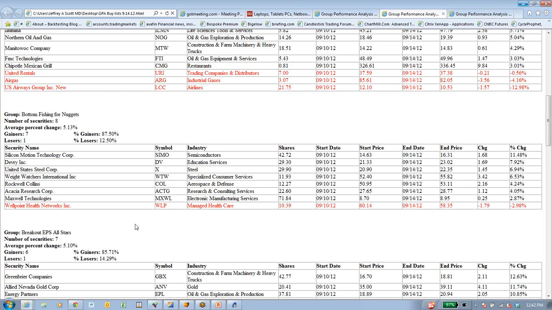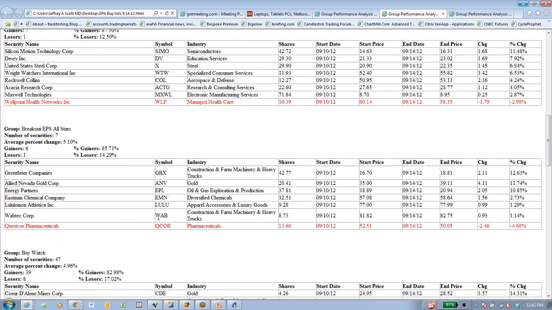I think the other thing that we saw was a shift from technology perhaps to material stock, oil, silver, coal. I talked about it last week, and I think it's really in force, and I'll look at some other data to support that. Breakouts worked very well last week, and you could see some of these stocks like GBX are very beaten up.